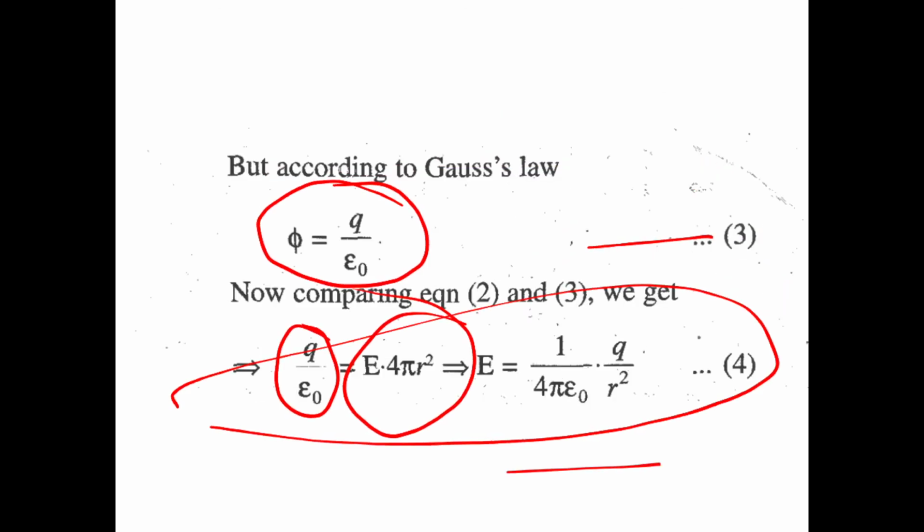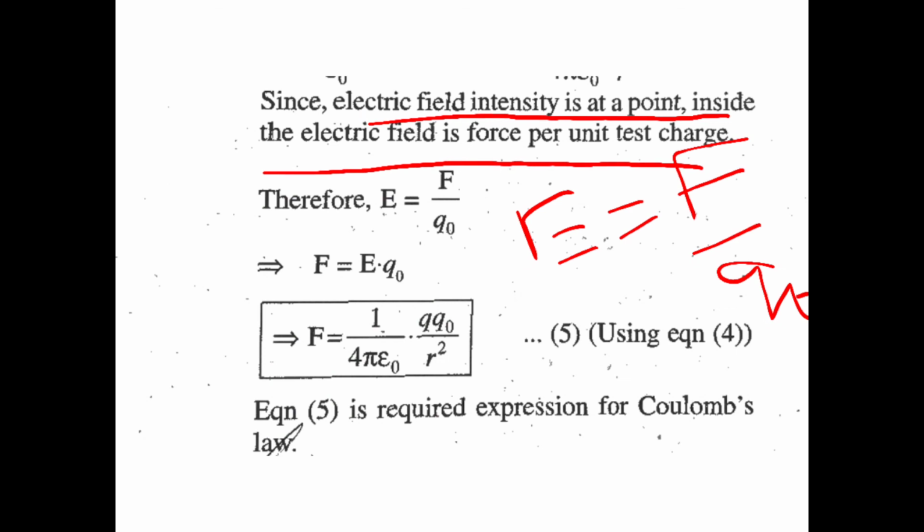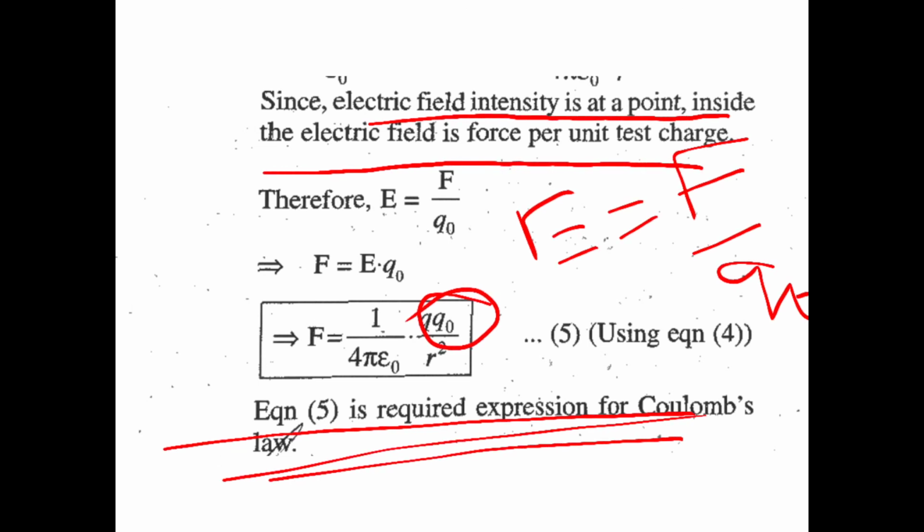From equation 4 we get E is equal to 1 by 4 pi epsilon 0 q by r square, and we multiply by q0, so we get the force F is equal to 1 by 4 pi epsilon 0 q q0 by r square. This is the required Coulomb's force, Coulomb's law. So we can easily determine Coulomb's law by using Gauss law.